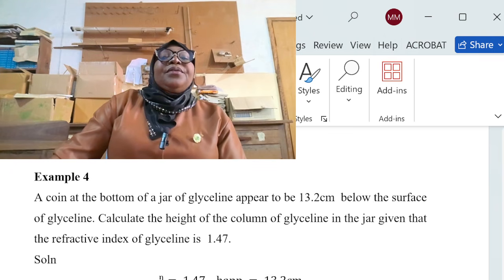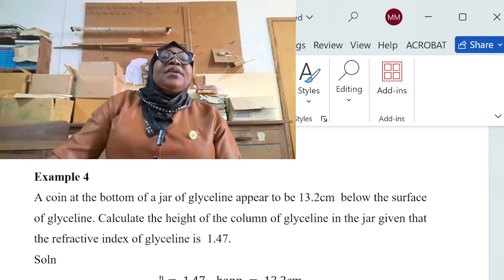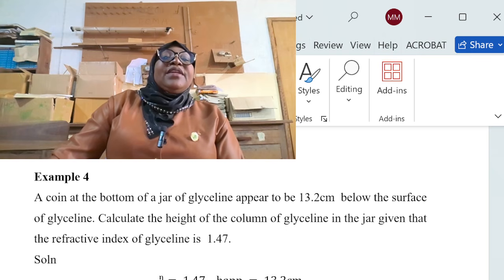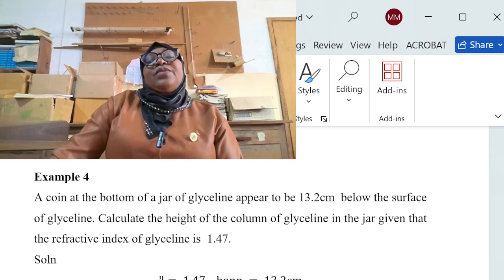Another example uses the formula for the real depth and the apparent depth. A coin at the bottom of a jar of glycerin appears to be 13.2 centimeters below the surface of the glycerin. Calculate the height of the column of glycerin in the jar, given that the refractive index of the glycerin is 1.47.